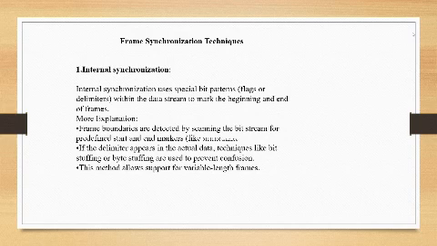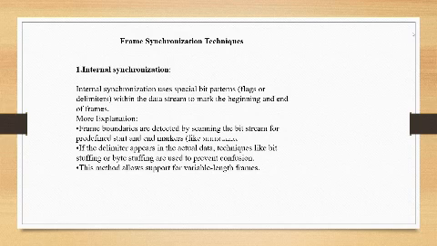Frame boundaries are detected by scanning the bit stream for predefined start and end markers like 01111110 in HDLC. If the delimiter appears in actual data, techniques like bit stuffing or byte stuffing are used to prevent confusion. This method allows support for variable length frames.